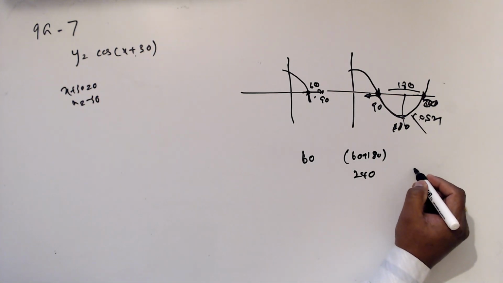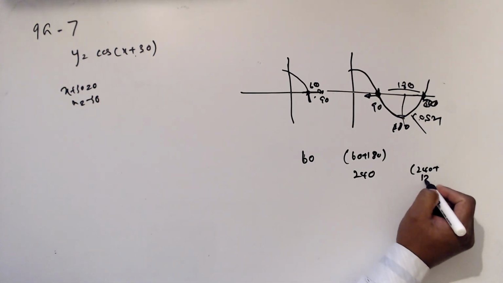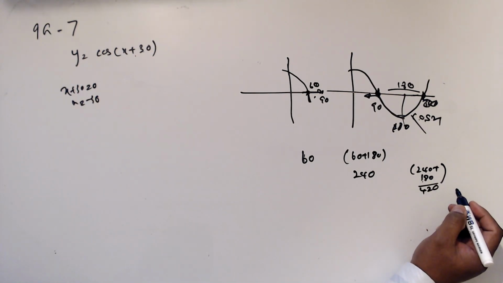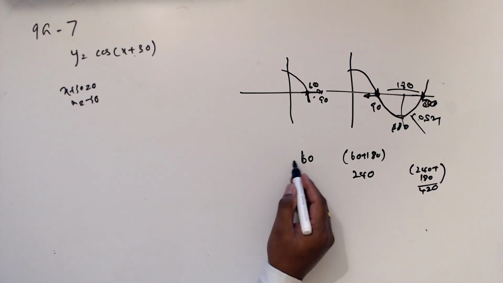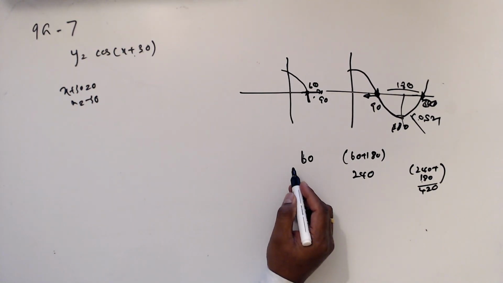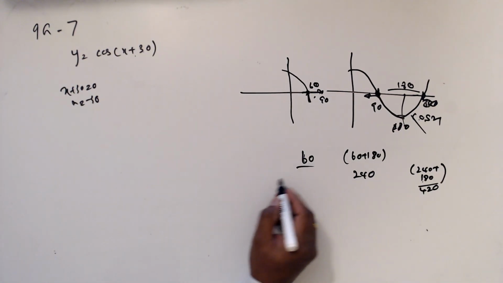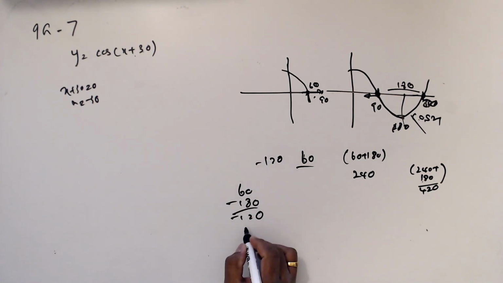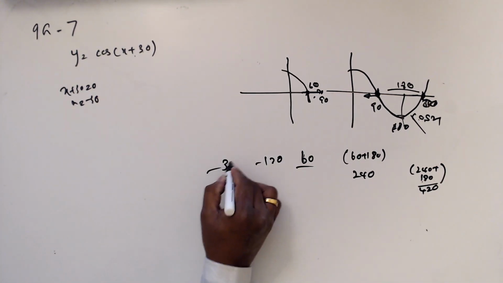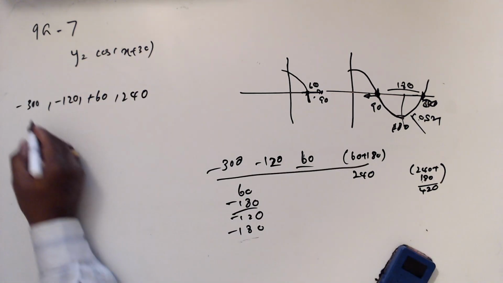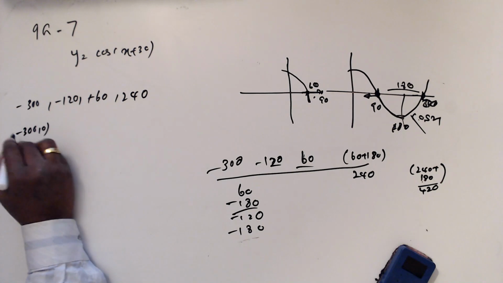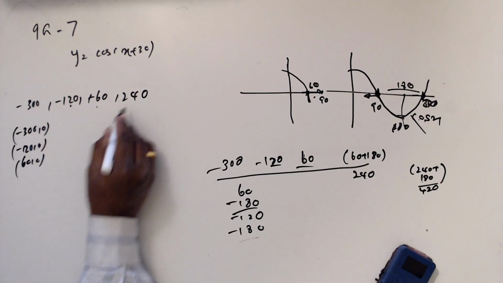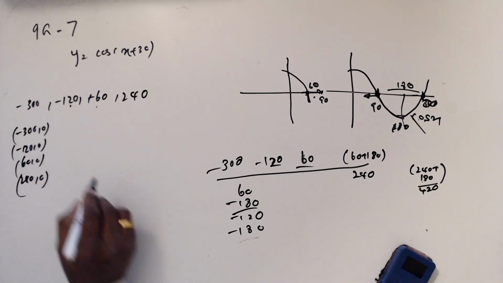The other one is 240 plus 180, which is 420, which is out of range. The same way, 60 minus 180 is minus 120, and minus 120 minus 180 is minus 300. So the coordinates are going to be (minus 300, 0), (minus 120, 0), (60, 0), and (240, 0).